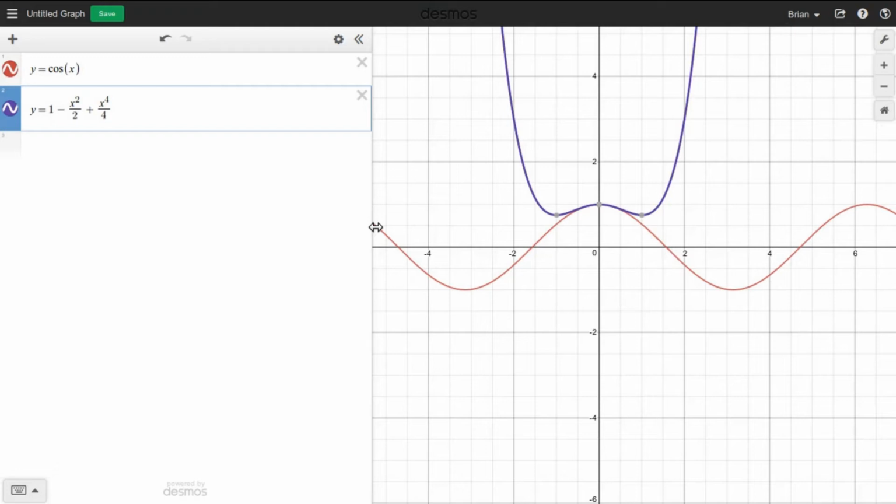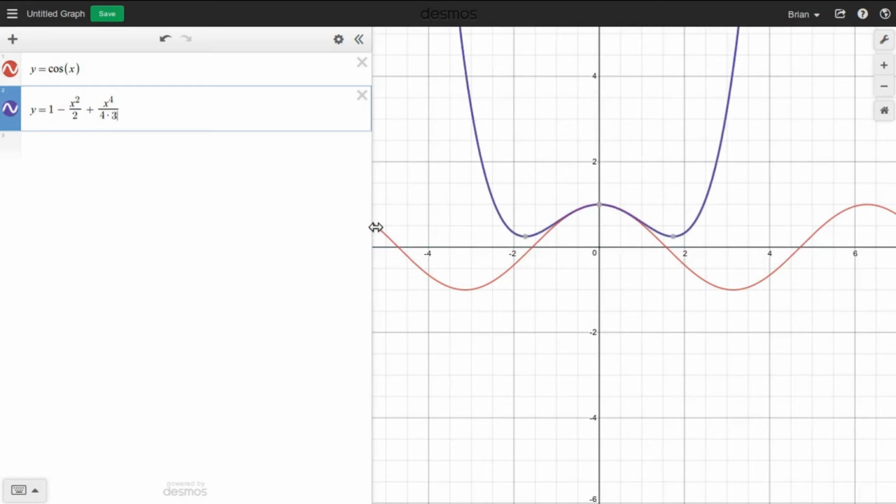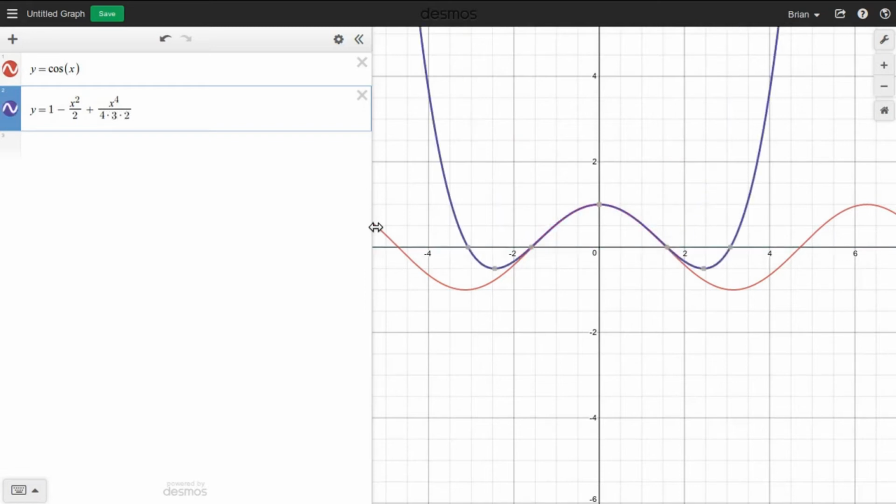I'm adding too much x to the 4th. Well, let's see where we can go with this. Maybe that's better. Better still. This looks like we're matching with just 3 terms in a polynomial. We're matching cosine all the way from negative pi over 2 to pi over 2, just about.